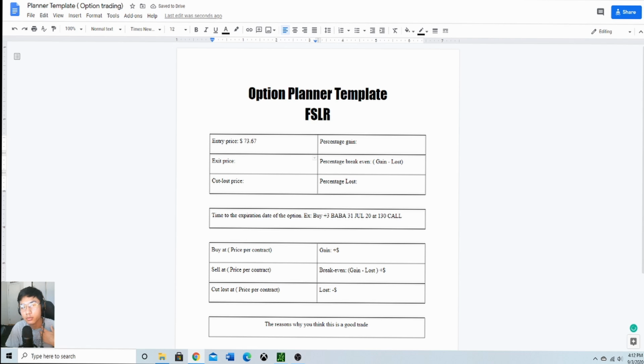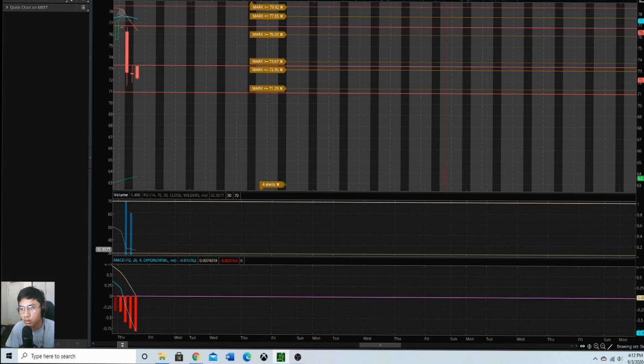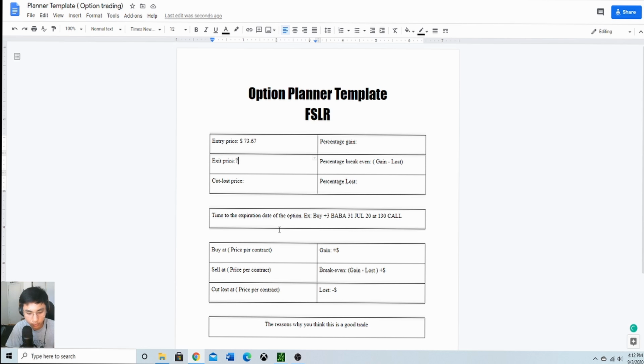And then the exit price is, if I remember, 76.03. Okay, so basically just fill this out. 76 and 3 cents.